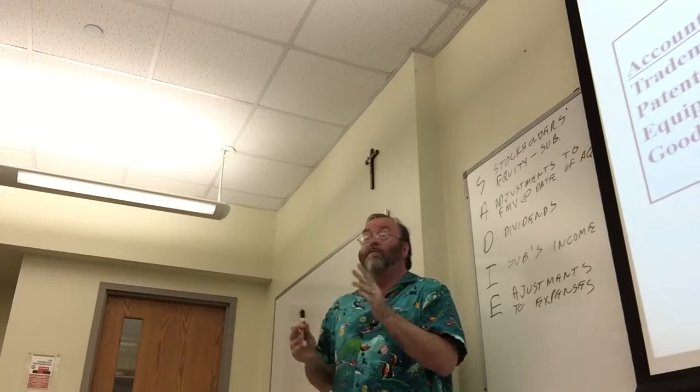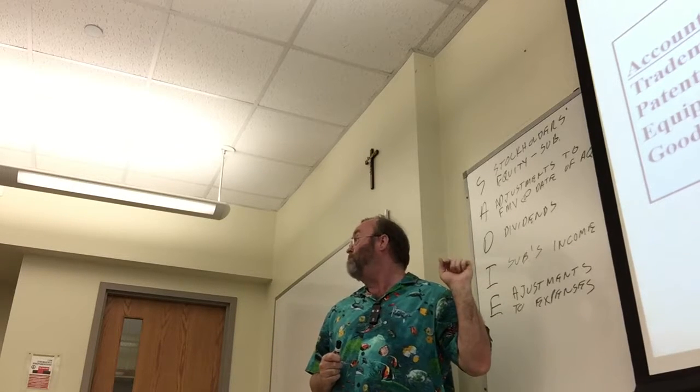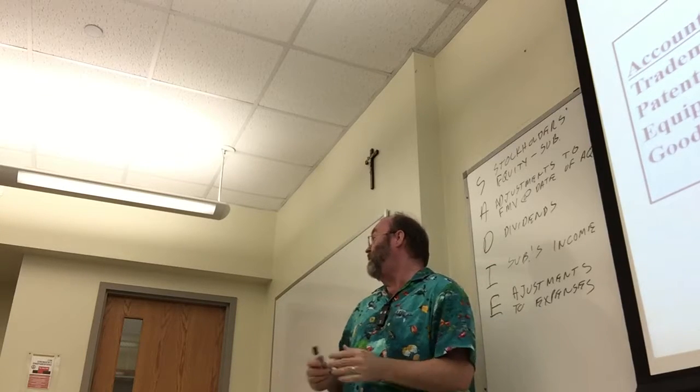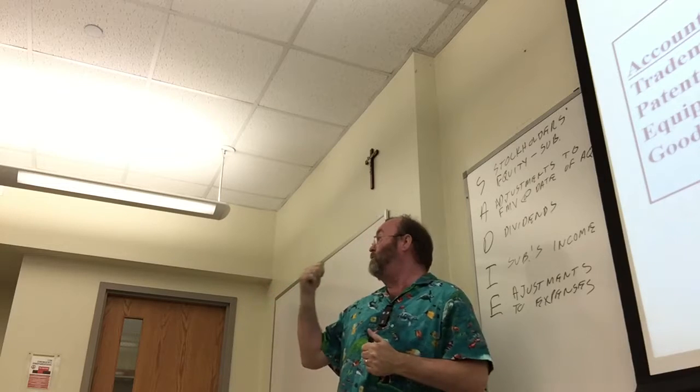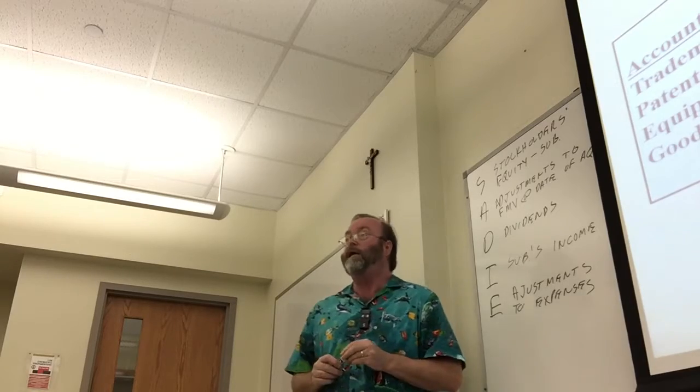But it could be. Primarily, it's either amortization or depreciation. Okay? It's an amortization of some kind of intangible asset, whether it's customer relations, a trademark, a patent, whatever. It's copyright. It's some sort of intangible asset.